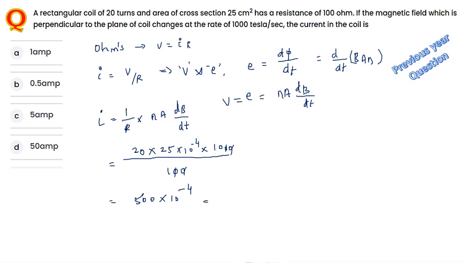Sorry, this 10 and this 10, this is 5000. Now from here 50 into 10 power minus 2, or 5 into 10 power minus 1, or 0.5, that's all.